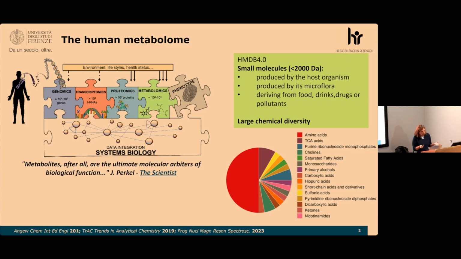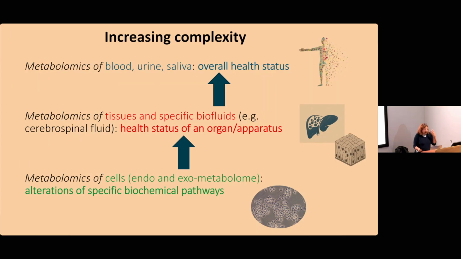So these are small molecules that have different origins and are very different from the chemical point of view of their composition. And we can work with different types of samples.